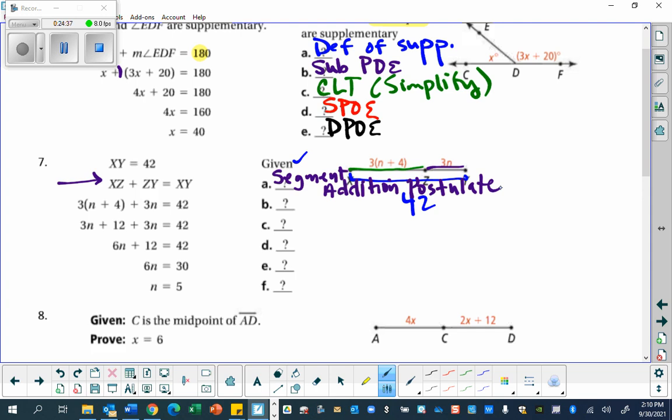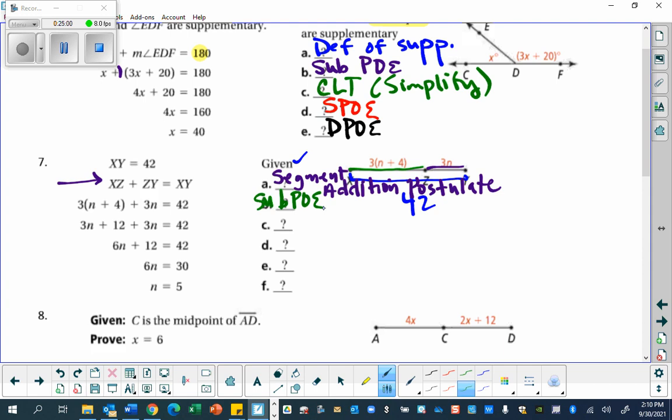All right, so then how do I again go from letters to numbers? What is the math that makes that happen? Say it out loud. Substitution property of equality. How do I have that 3 outside those parentheses shared out to the n and the 4?